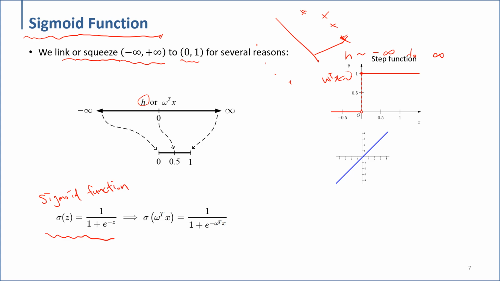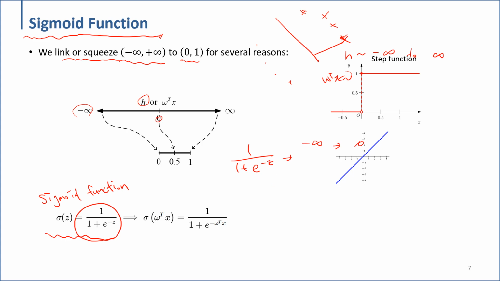The sigmoid function has the form of 1 over 1 plus exponential of minus z. So when you put in -infinity here, the exponential goes to infinity, so 1 over infinity would be 0.